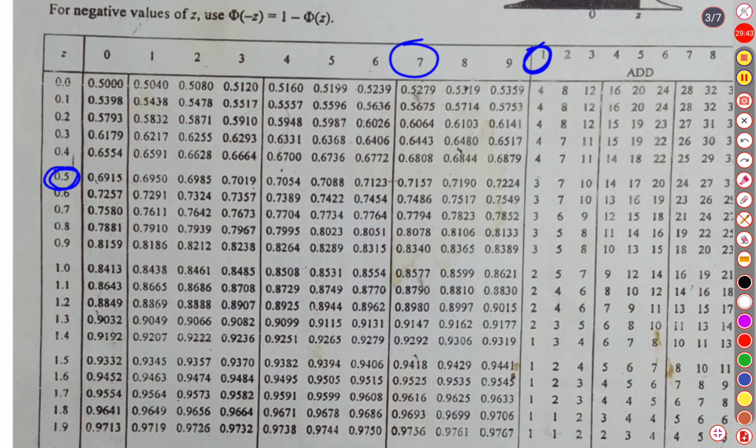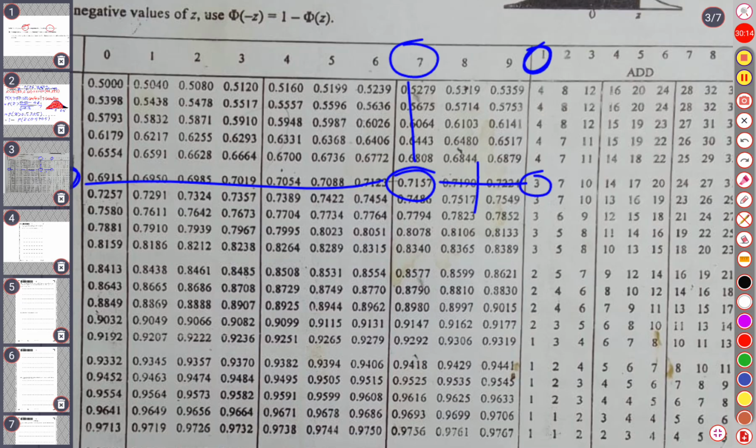So this is the row, this is the column, and then we will add up these three. If we add 0.7157 to 3, 57 plus 3 means 60, so the corresponding probability is 0.716.